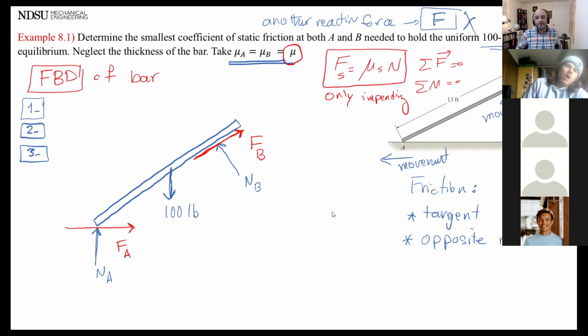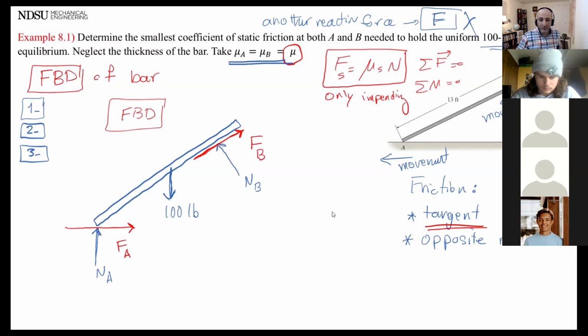Friction will almost always be perpendicular to your normal force, because your normal force is normal to your surface, and friction is always tangent to the surface. So this is your free body diagram. Okay. Now what?